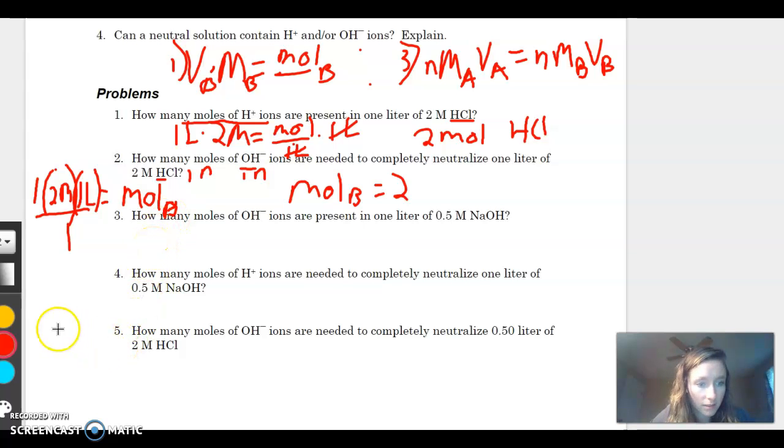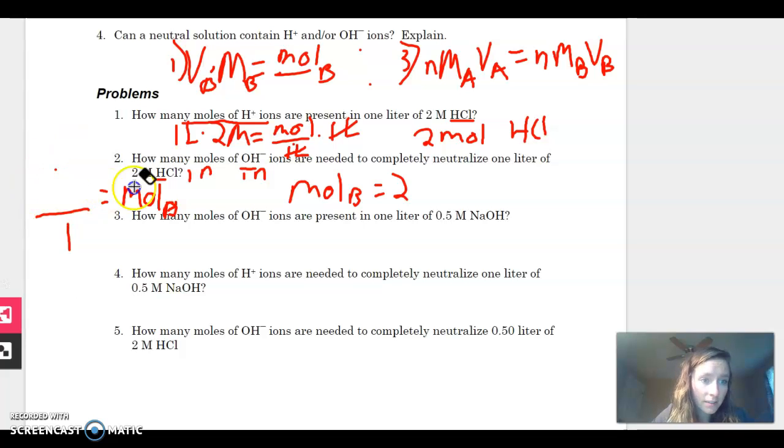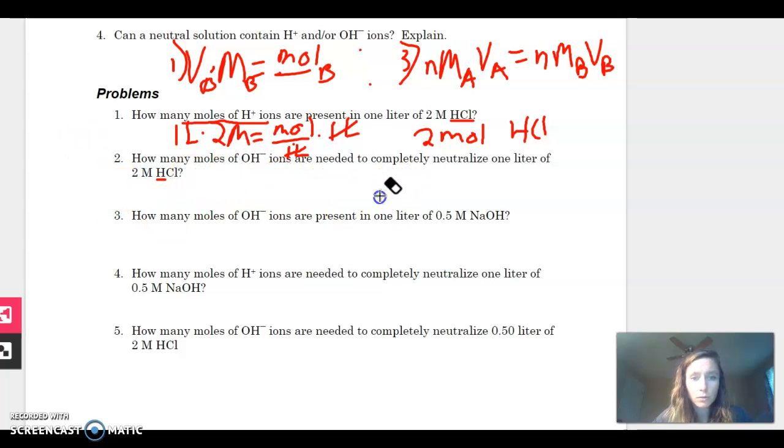I'm going to quickly show you the other way you could have done it. Maybe it's easier for you to do it the other way. So if you did it the other way and you said, Miss West, I just want to use equation 1 for this because it makes more sense to me, I would say, okay, go ahead.